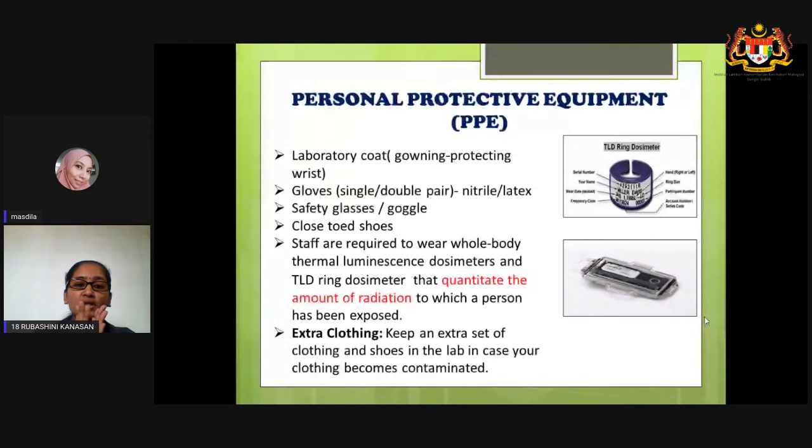And then the staff are required to wear a whole body thermoluminescent dosimeter and a TLD ring dosimeter that will quantitate the amount of radiation to which a person has been exposed. For extra clothing, let's say a contamination happens, a staff should keep an extra set of clothing and shoes in the lab, so they can change their clothes if there is contamination.